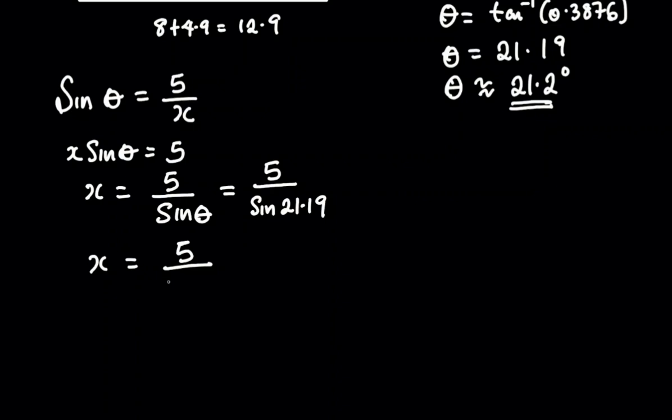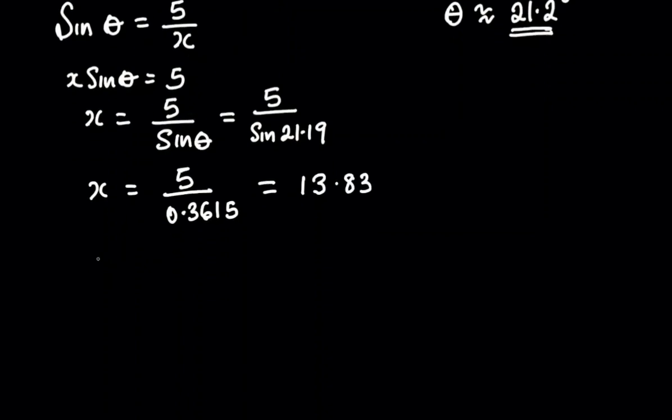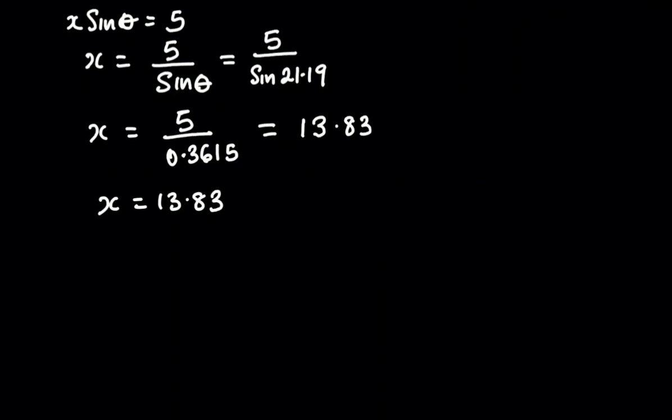The answer is 0.3615. Now using your calculator further to divide, this is what you are going to get: 13.83. Okay, so x is actually 13.83, and we can approximate to 1 decimal place, which is approximately 13.8.